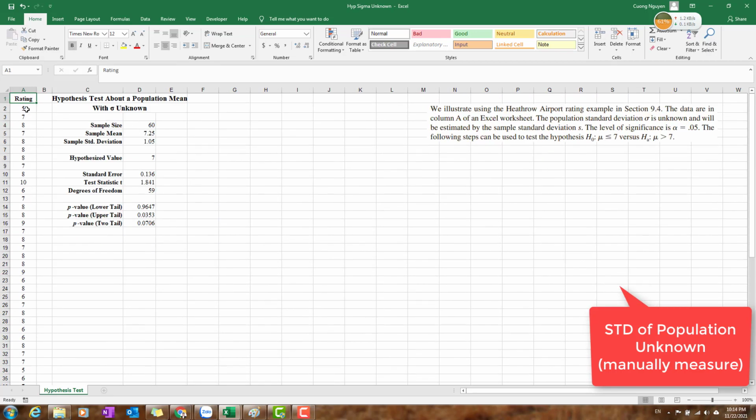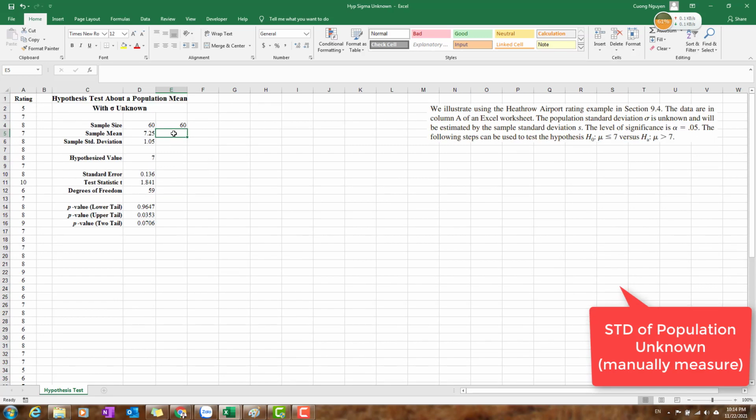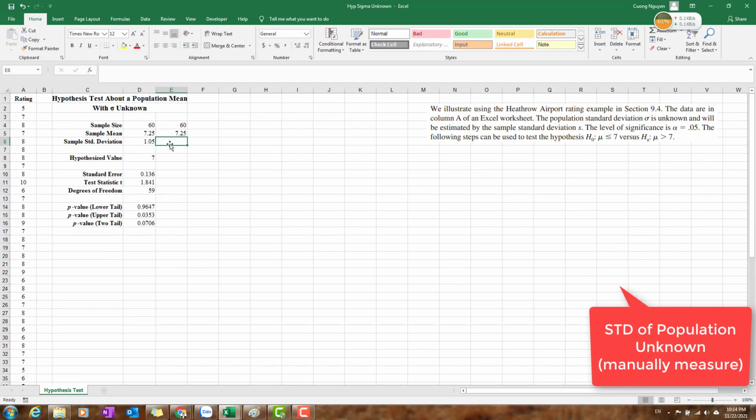For the same thing, we can conduct everything else in the same way, like the calculation of the number of observations, the mean or average, and also the standard deviation.